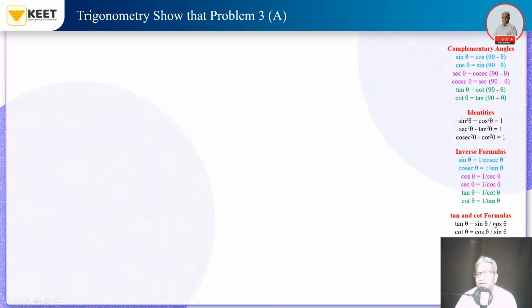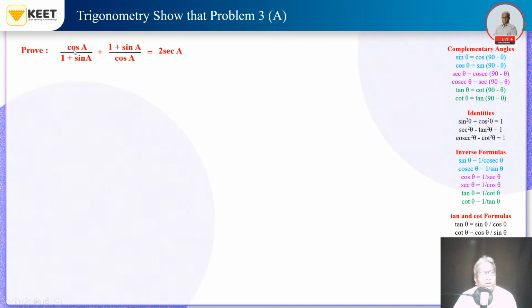That is, tan is converted in basics, cot is converted in basics, and sometimes if necessary this complementary angle formula will be used. So be sure that whenever you are going for show that problem, practicing in your house, you have this list ready. Okay. So the problem is on your screen.